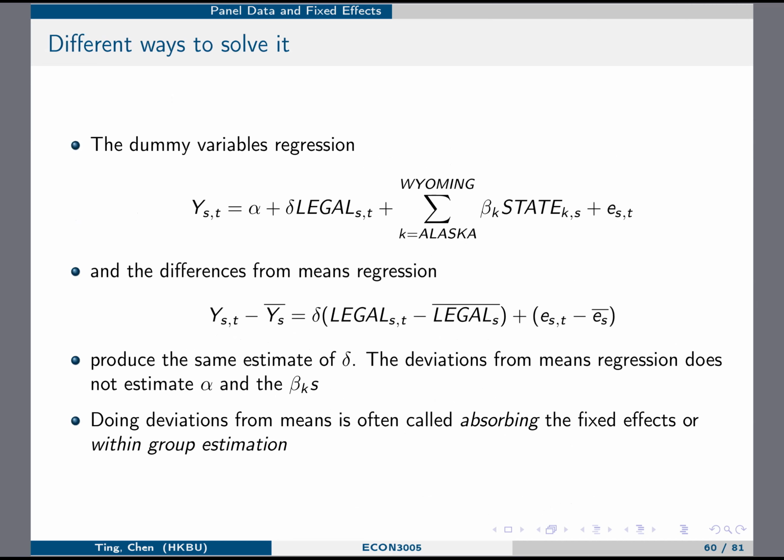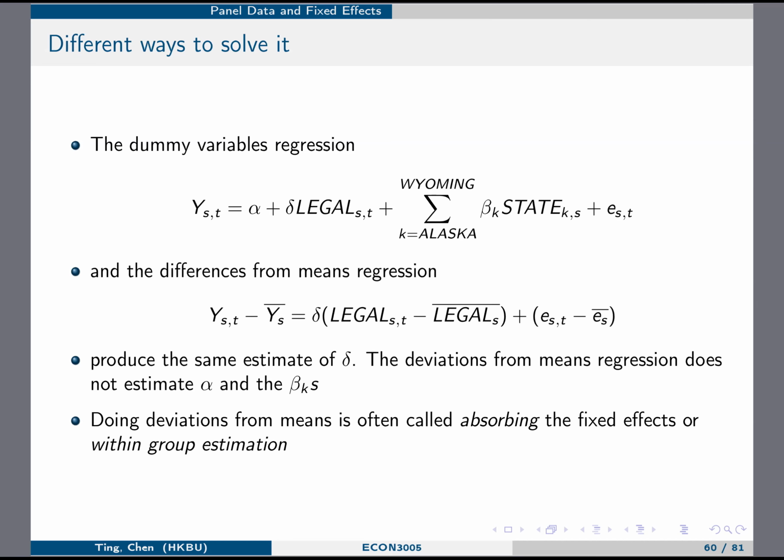The deviation from means regression does not estimate alpha and the k betas. So using a demean function, because what we really care about is still delta, right? The alpha and a bunch of betas are just a byproduct of that.